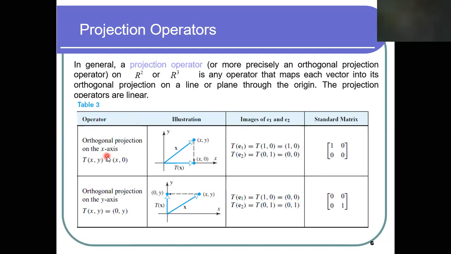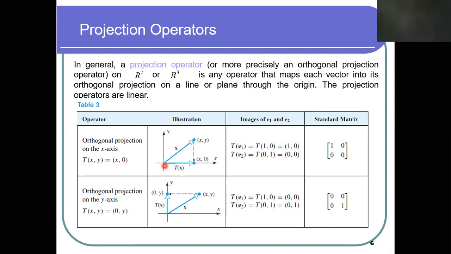Orthogonal projection on the x-axis. T is a transformation from R2 to R2. In this case, dear student, if you have a point in the plane and you project this point onto the x-axis, T of this vector will be mapped onto the x-axis only.